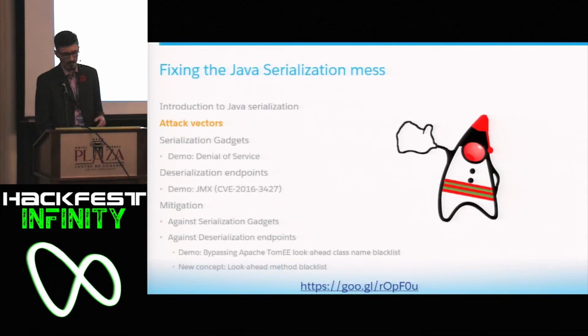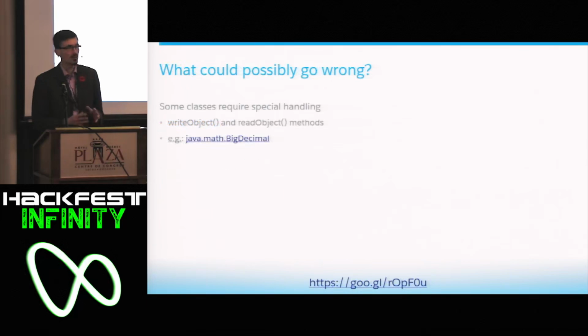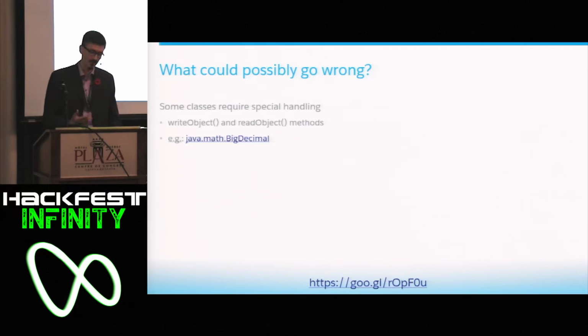So now let's look into how we can abuse that. So far, you're probably wondering, hey, what can possibly go wrong with that? There is one specific part of this serialization feature for Java that you can abuse. The designers of this feature imagined that they wanted to give some liberty to the developer.